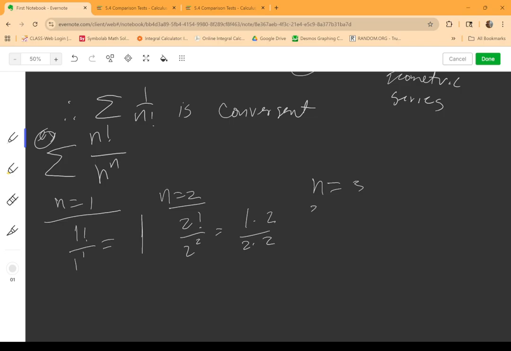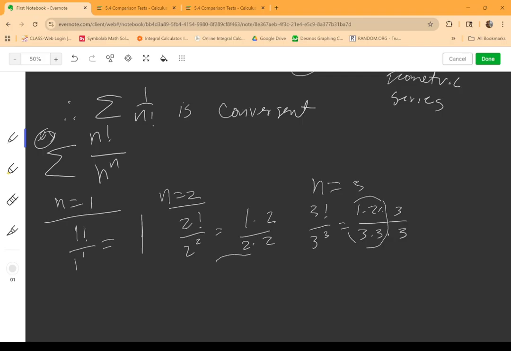When n is 3, 3 factorial over 3 to the third, that's 1 times 2 times 3 over 3 times 3 times 3. And if you notice the pattern here leading up to the last term, where it's 1, these other fractions are going to be less than 1.